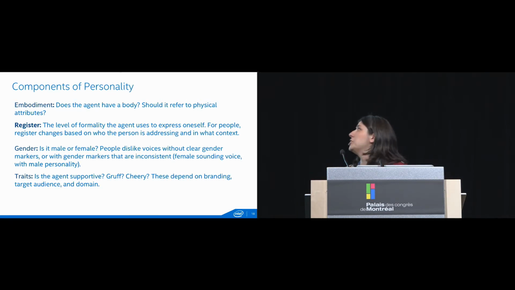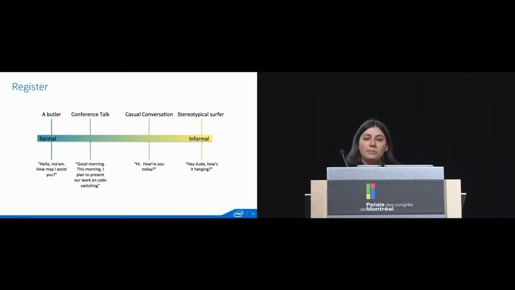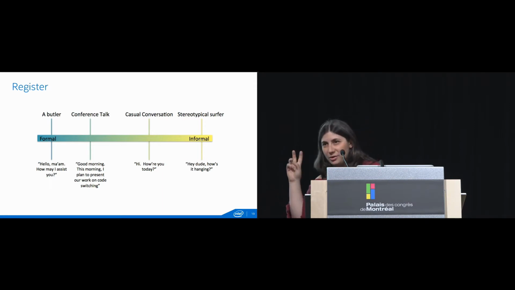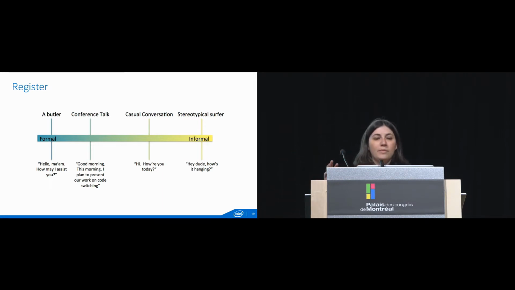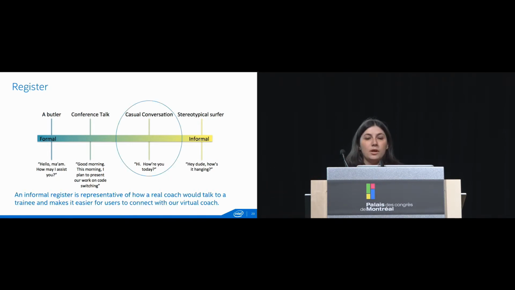So going back to register a little bit, this was actually common across all of our languages. And the reason for that was that we chose a casual conversational tone for this. So we were thinking about bar talk, or what we have here is a stereotypical surfer, or somebody that's super formal, you might be talking to your boss or a CTO or something like that.